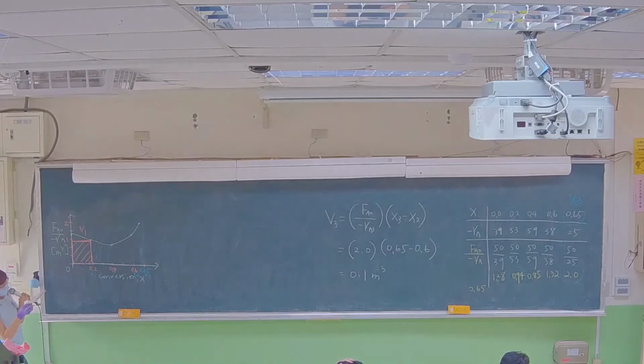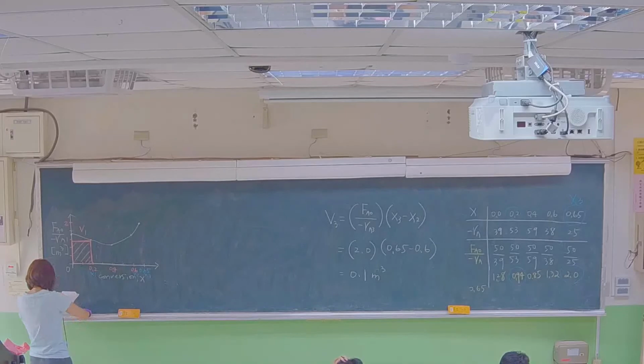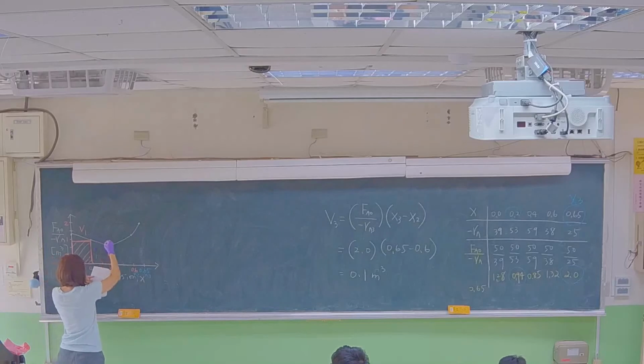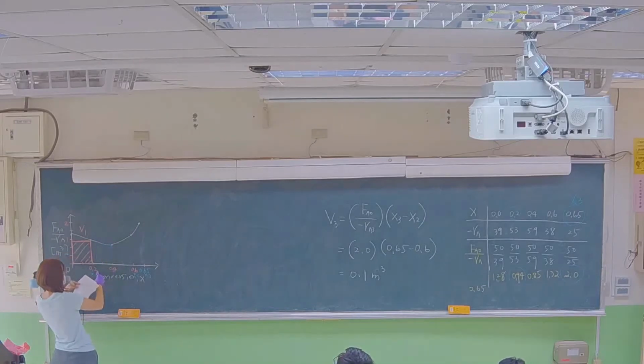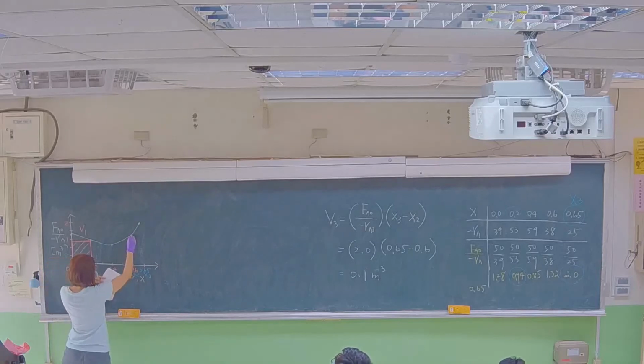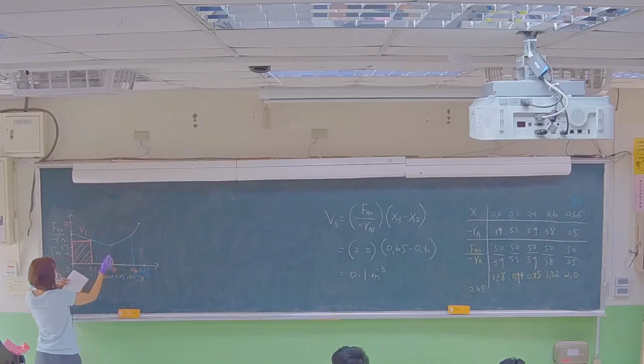Okay. Second reactor is PFR. So for PFR, it is the integral area under the curve, from 0.2 to 0.6, from X1 to X2. You got this one.